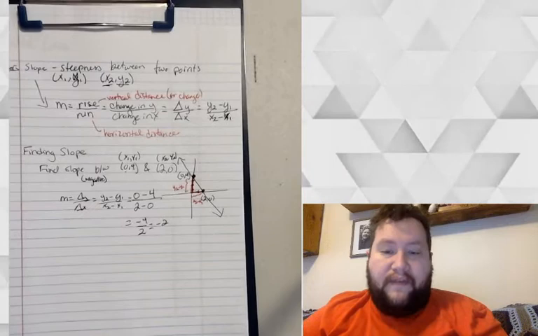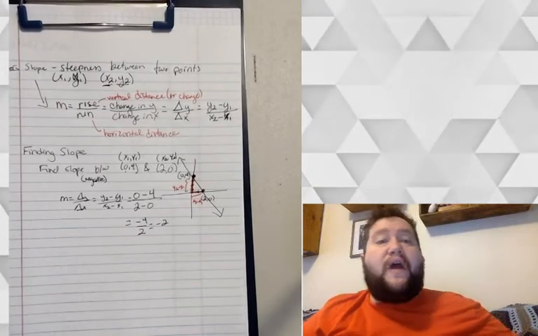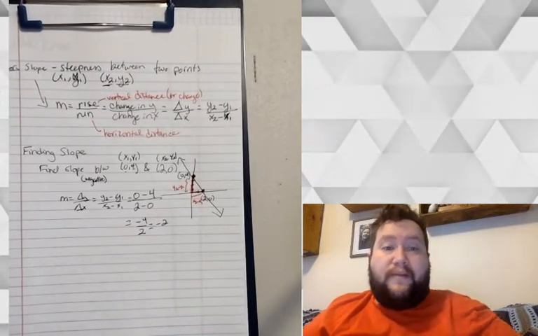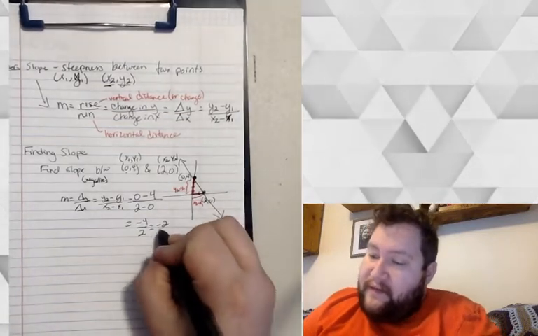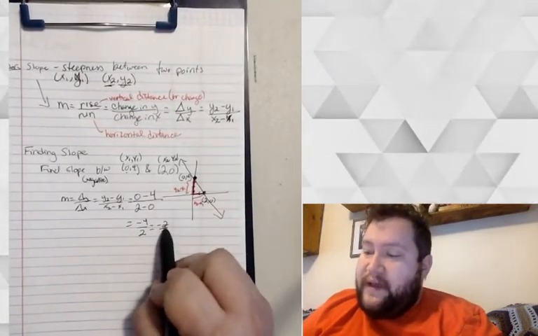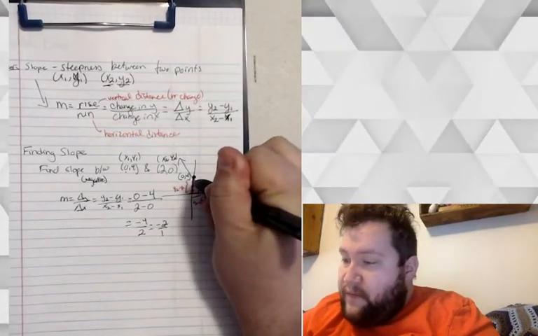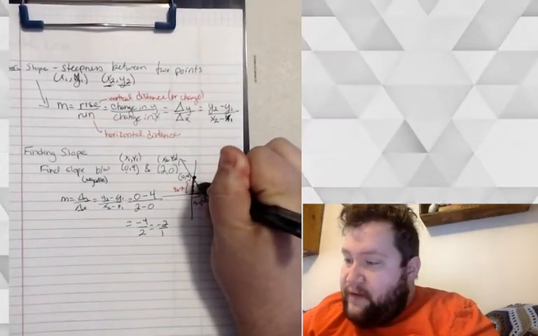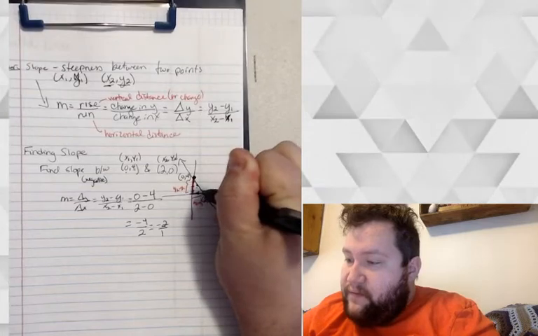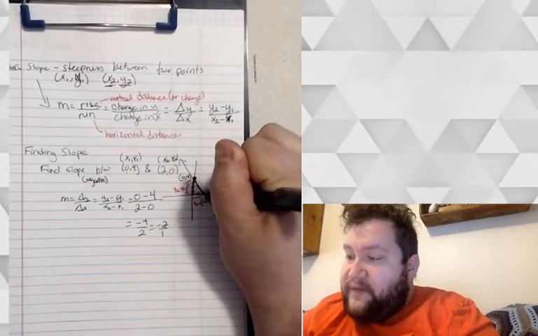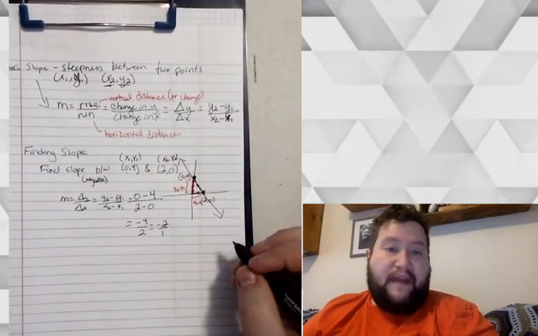Right? And so this is where this notion of rise over run comes from. And what this tells us is for every unit we go down 2, we go right 1. So that means if we go down 2, right 1, down 2, right 1, right? Notice how all 3 of those points then fall on that line.